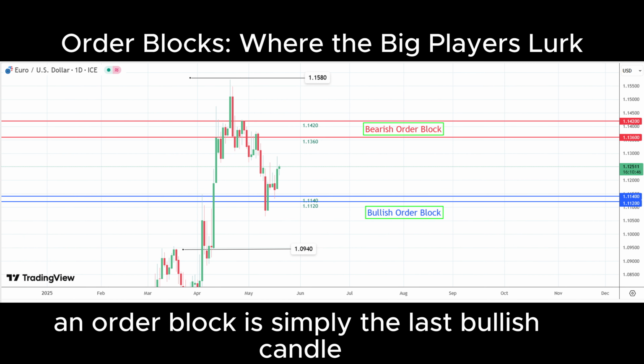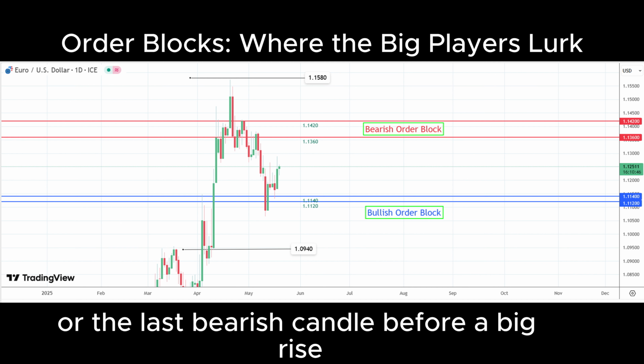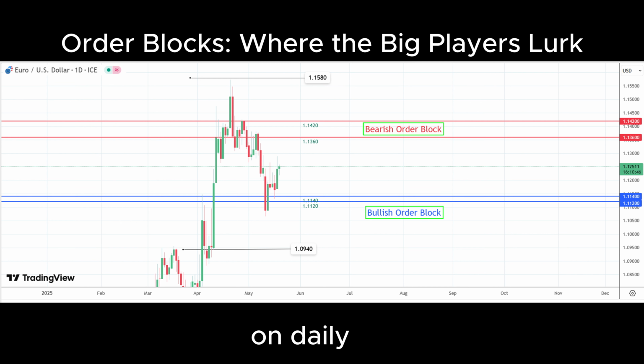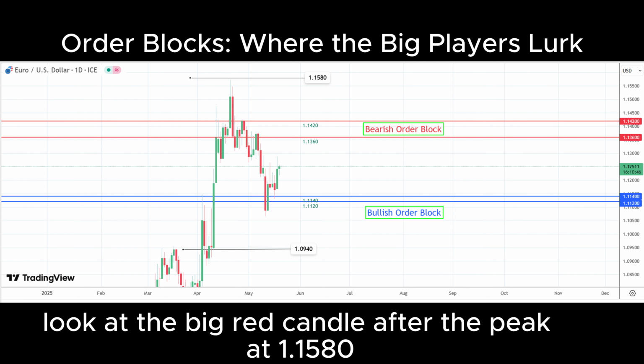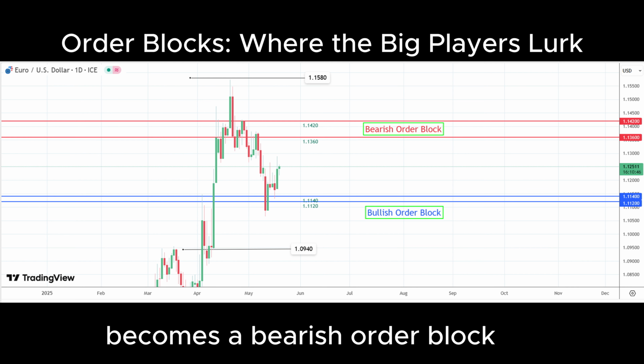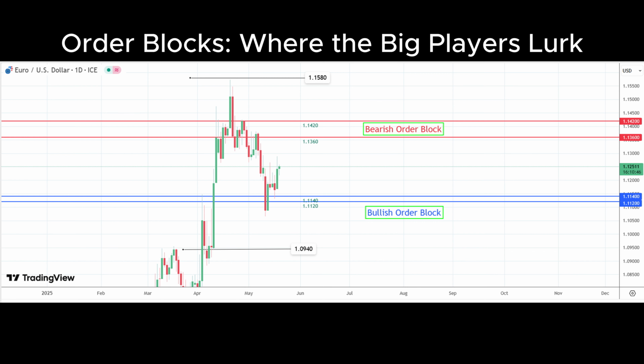An order block is simply the last bullish candle before a big drop or the last bearish candle before a big rise. These are areas where institutions placed large orders. On daily, look at the big red candle after the peak at 1.1580. The body of that candle, roughly 1.1420 to 1.1360, becomes a bearish order block, a supply zone where smart money may sell again if price returns.